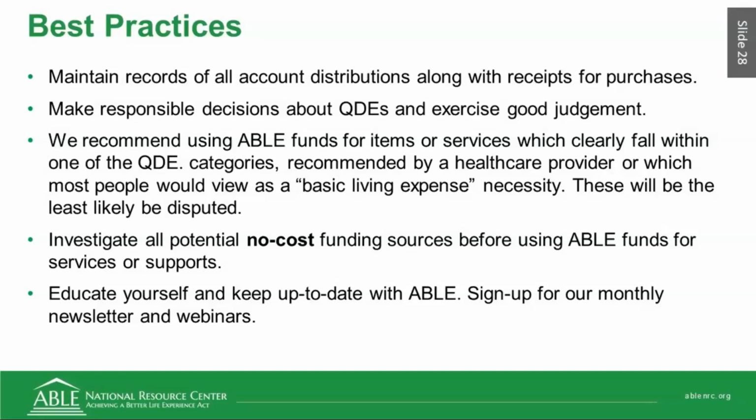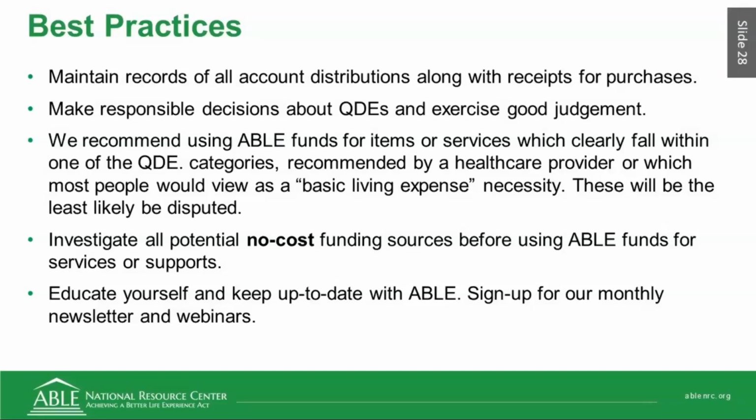We also recommend using ABLE funds for items or services that clearly fall within one of the QDE categories, or those recommended by a healthcare provider, or which most people would view as basic living expenses. Those will least likely be disputed.